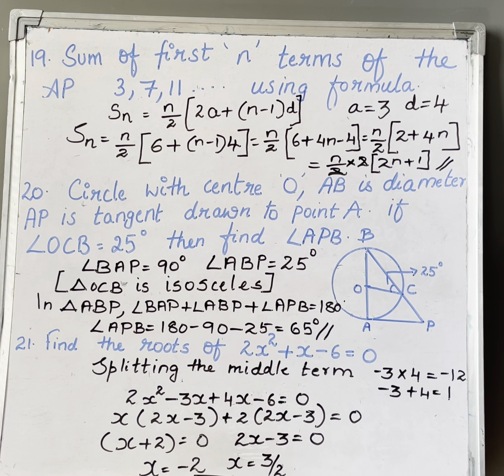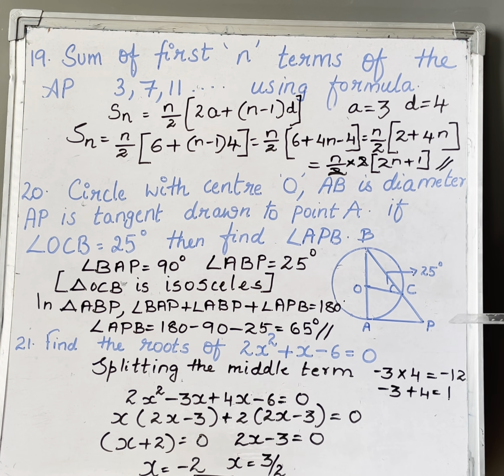Going to the 20th question. In the figure, a circle with center O is given. AP is a tangent, AB is the diameter, and angle OCB is equal to 25 degrees. You have to find angle APB.